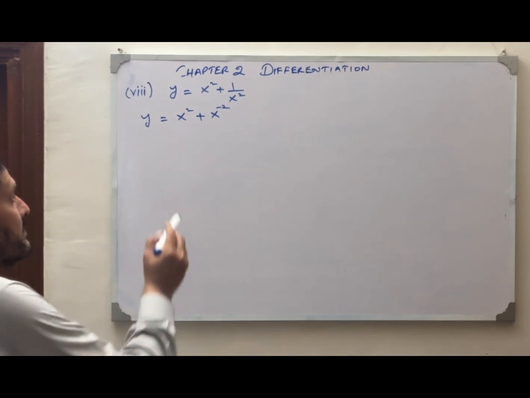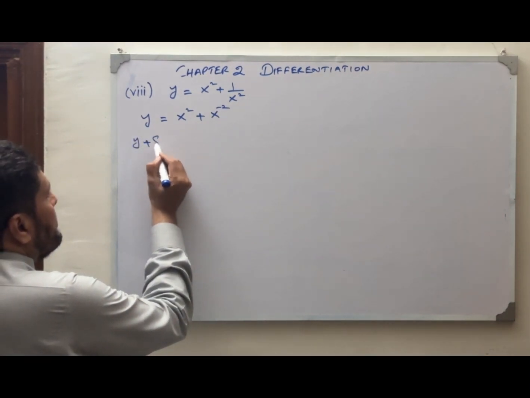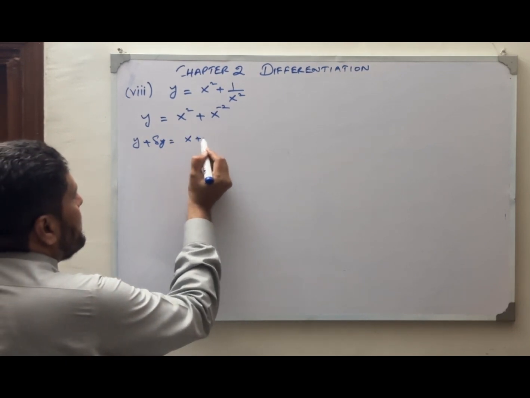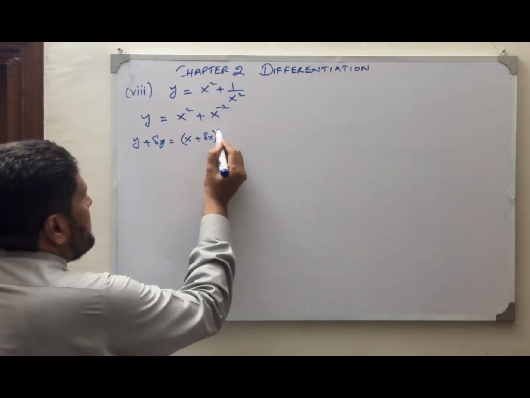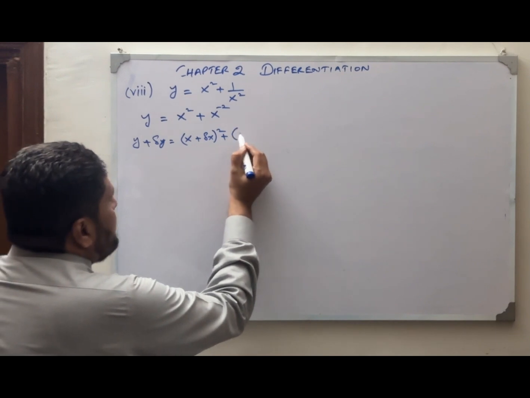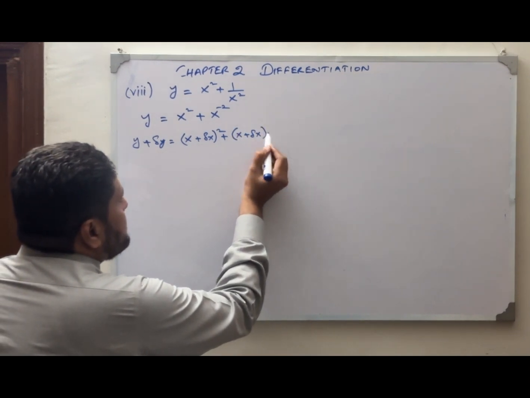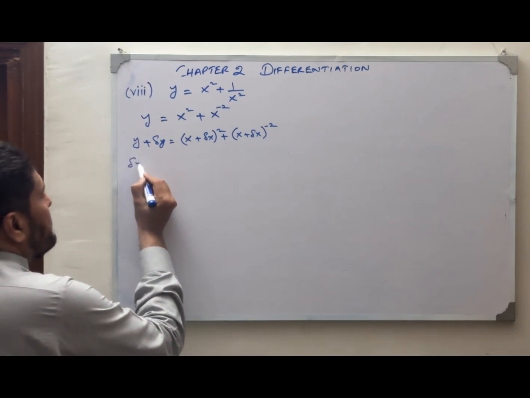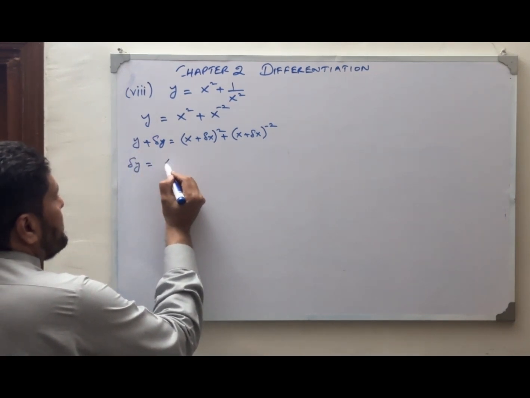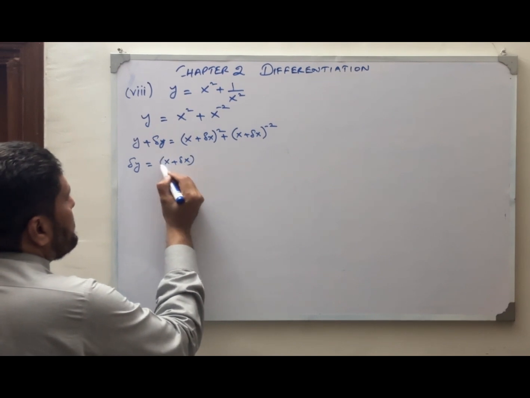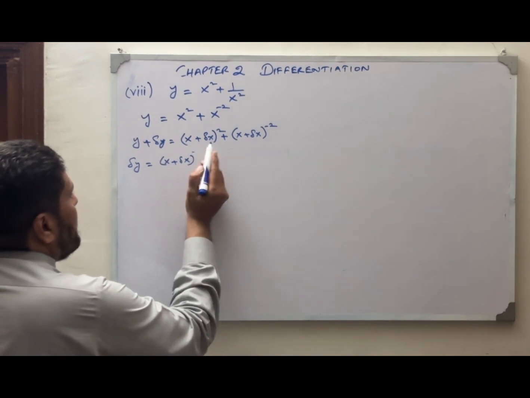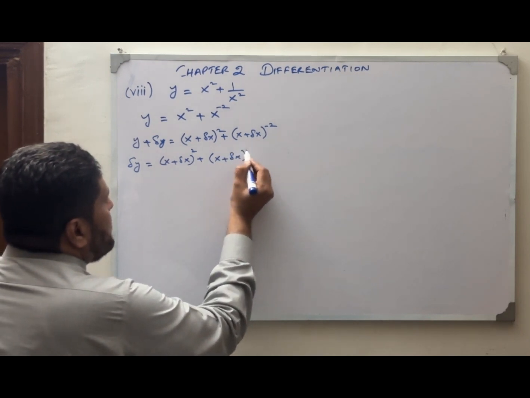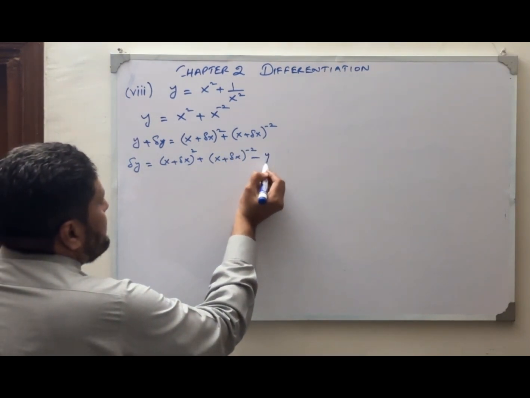So applying step 1, y plus delta y is equal to x plus delta x whole square plus x plus delta x power minus 2. And then taking y on the other side of the equation, delta y is equal to x plus delta x whole square plus x plus delta x power minus 2 minus y.